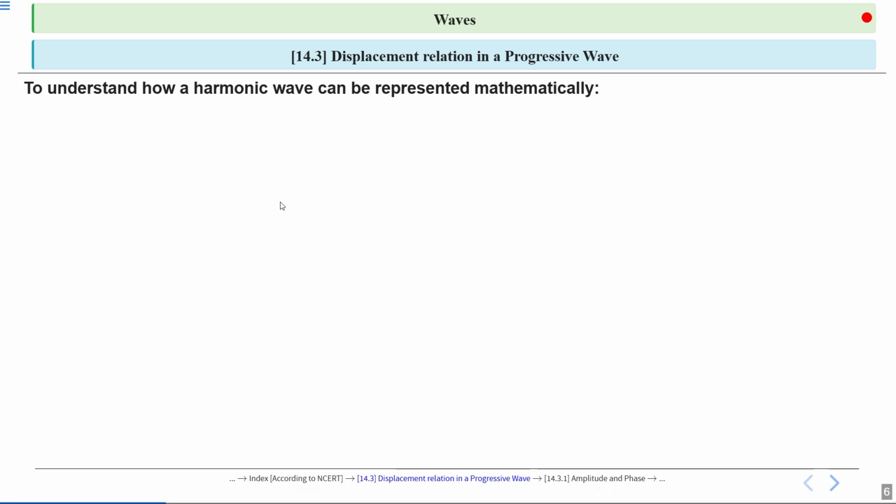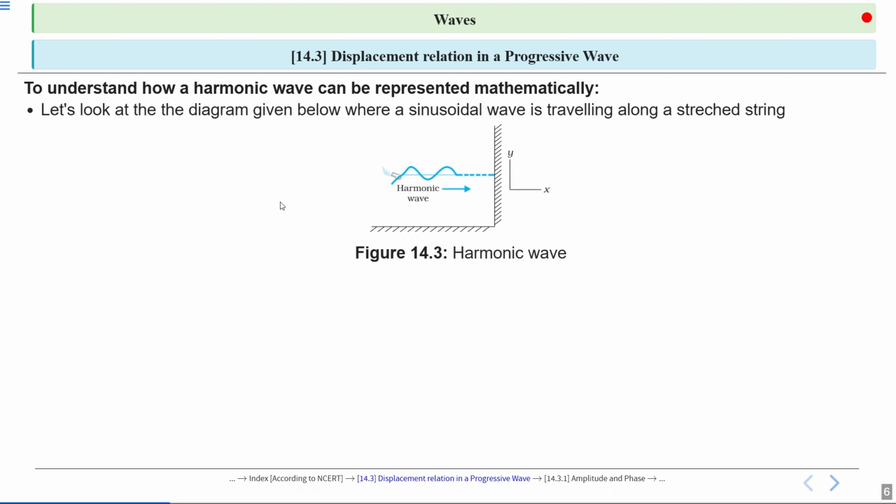Now let's understand how we can describe a harmonic motion using mathematics. Take a look at the diagram shown here, figure 14.3. This is a sinusoidal wave traveling along a stretched string.